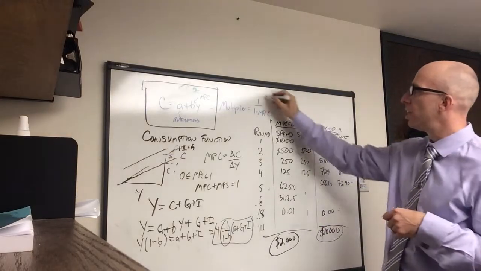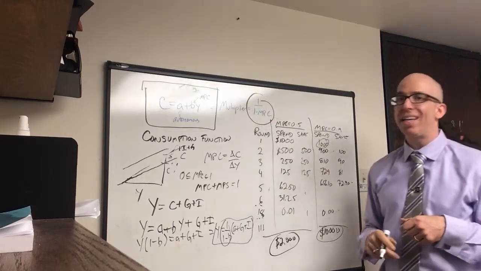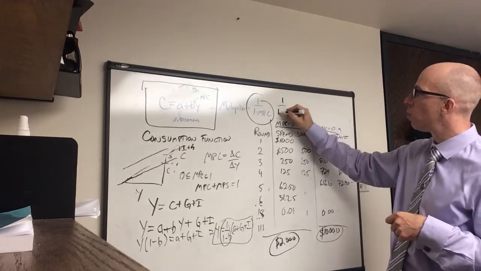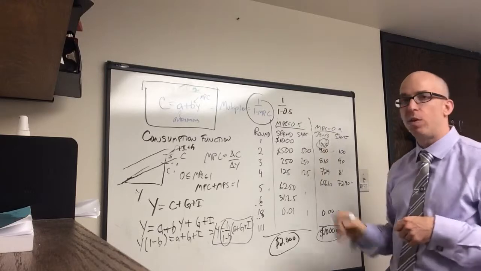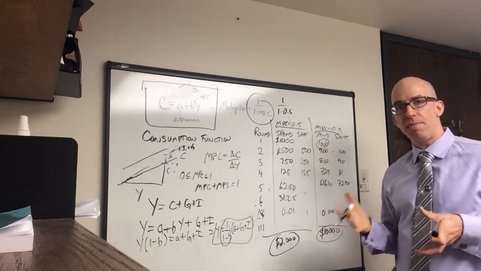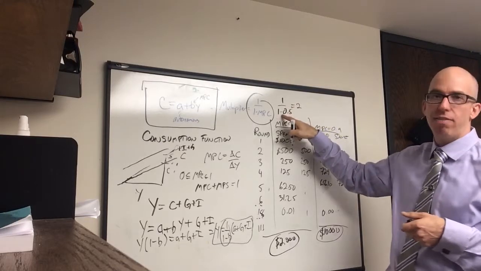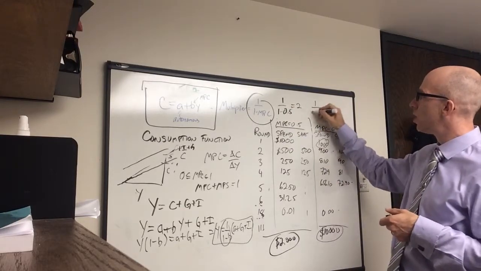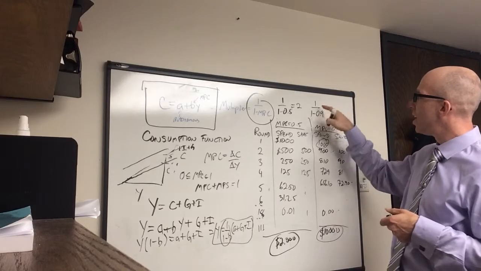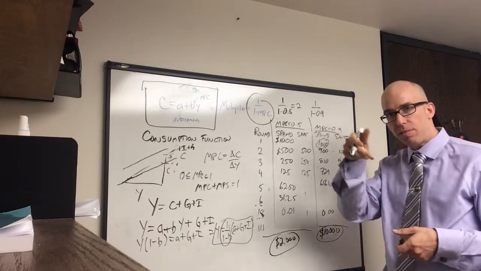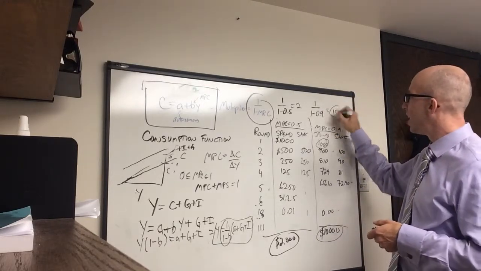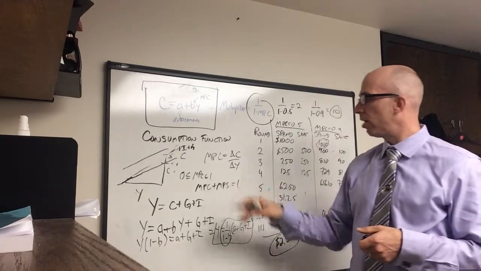That's because the formula is 1 over 1 minus MPC. If you have 1 over 1 minus 0.5, which is basically a geometric progression in math, this becomes 2. 1 over a half is 2. Likewise, 1 over 1 minus 0.9 is 1 over 1/10. If you flip that fraction, you get 10. In other words, the multiplier effect.